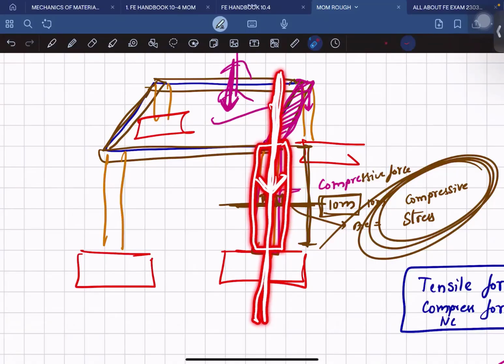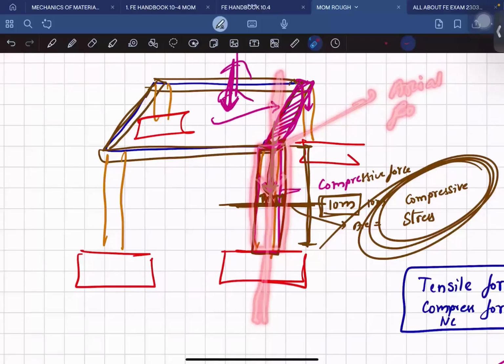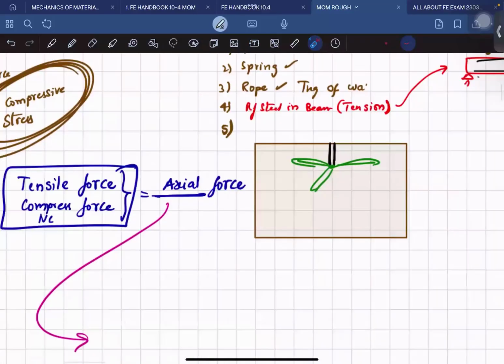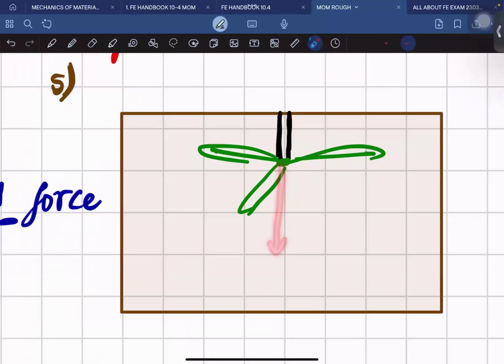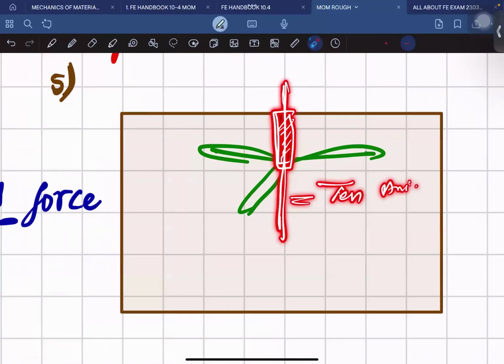So that's why we call this compressive force an axial force. Even in the ceiling fan example which I have given, the load acting is passing through the axis of this hollow section or solid section, whatever it might be. That's why even this tensile force is known as an axial force.